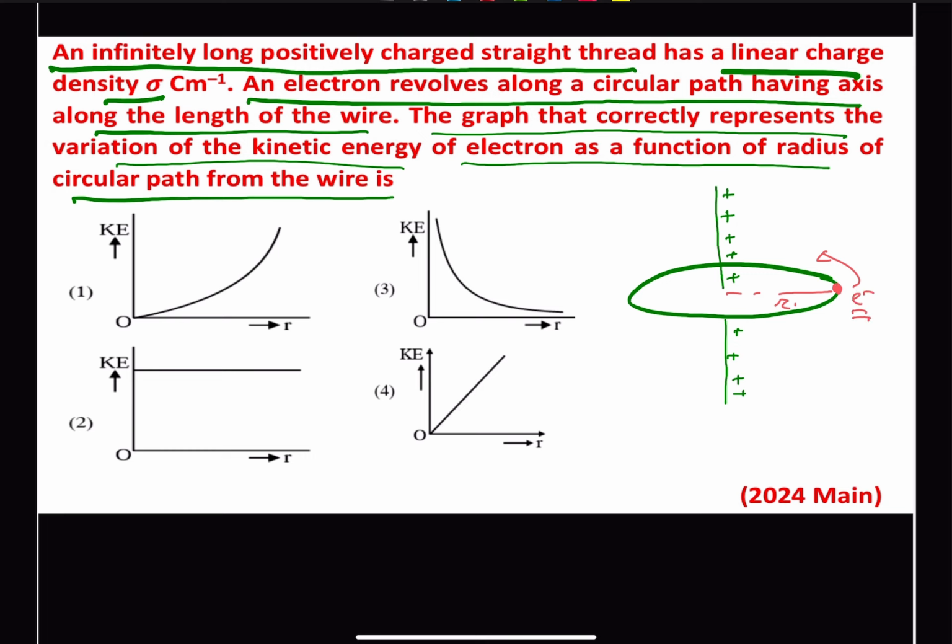So we can find out the electric field, because there will be force acting on this electron because of the electric field. That will be our electron charge e into E, and this is going to provide us the centripetal force, which will be our mv square upon r.